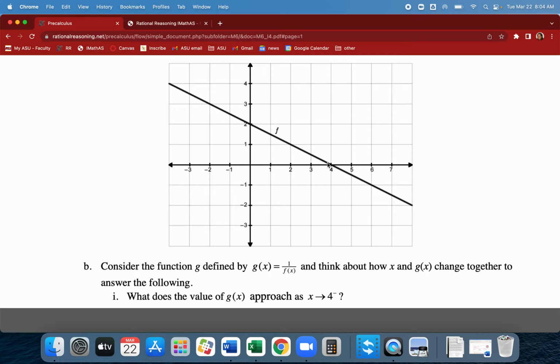Well, normally what we say, and I'll write the short notation for saving space, as x approaches 4 from the left, in this g of x function, my y values are headed up toward positive infinity. I'll put a positive sign there for emphasis, but you don't have to write a positive sign.